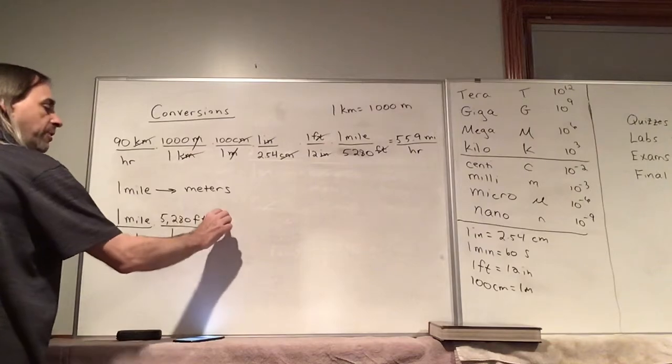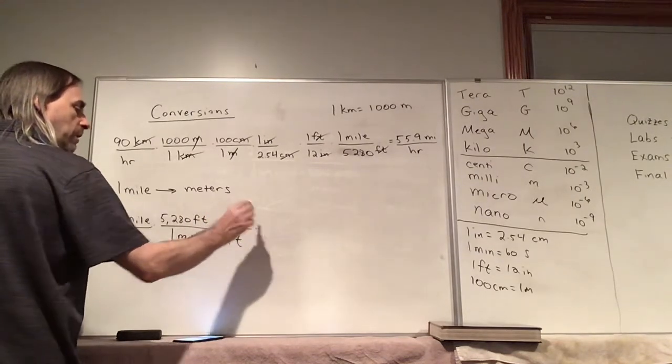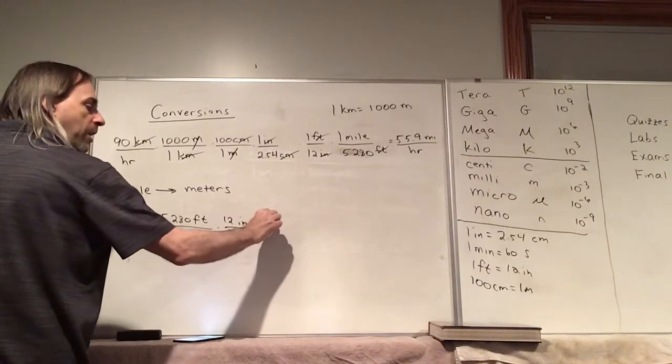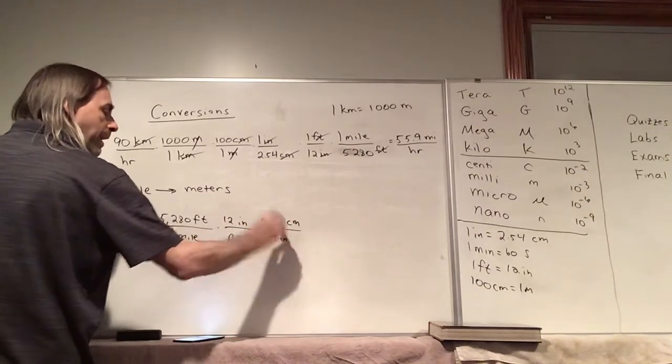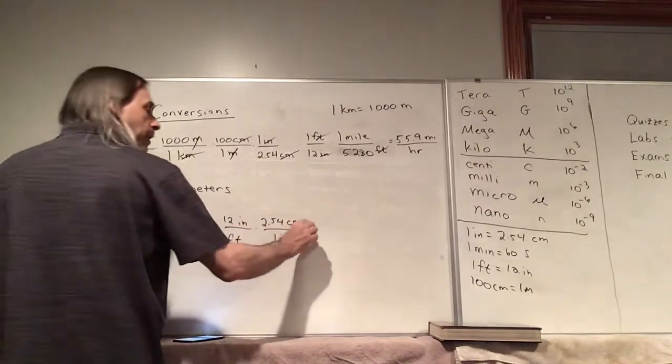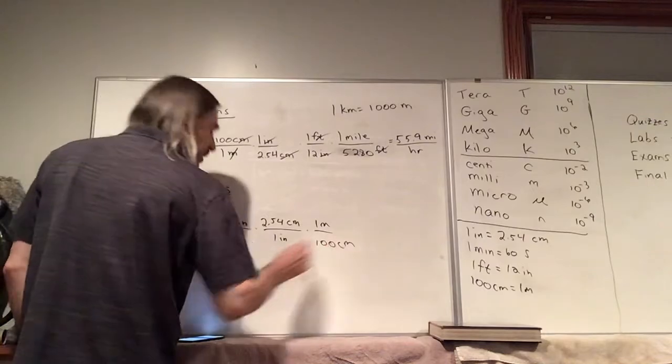And then 12 inches per foot. 2.54 centimeters in 1 inch. And then 1 meter is 100 centimeters.